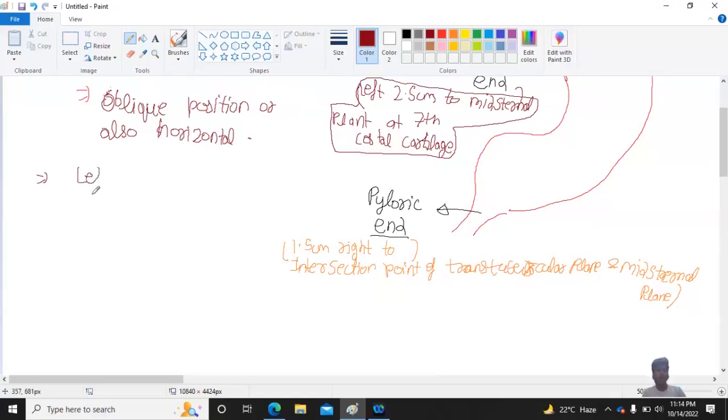It is present in the left hypochondrial and epigastric segments, when it is present horizontally.